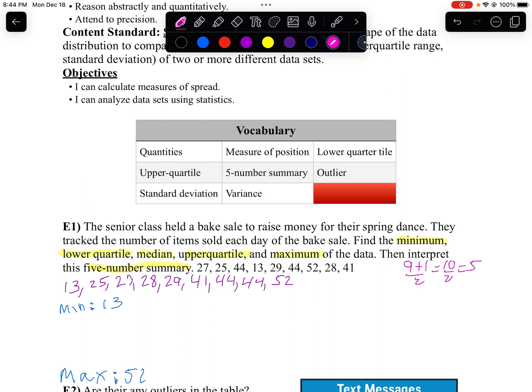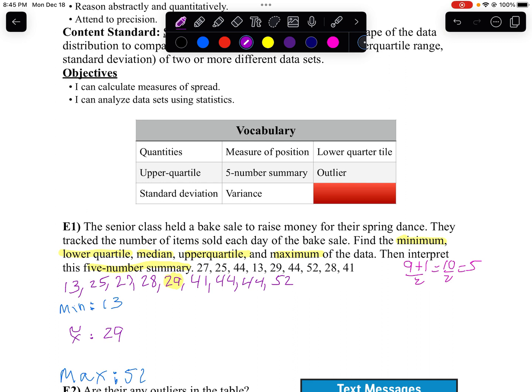So my middle number, my median, is going to be my 5th number from either end, because that'll be 1, 2, 3, 4, 5. So notice my middle number is 29. I'm going to highlight that, although we're going to write it down here. So I know x tilde, my median, is going to be 29. Remember, if you have 2 median numbers, you would take the average of those 2.